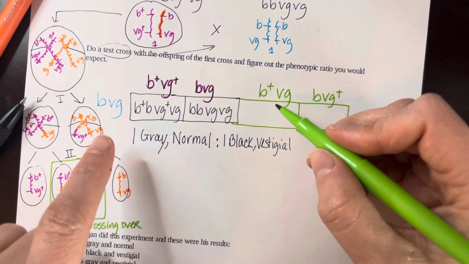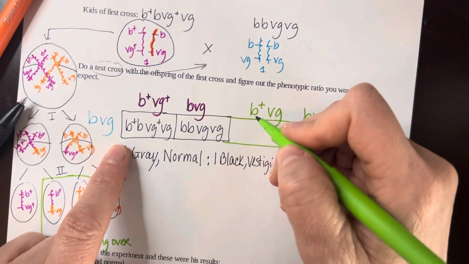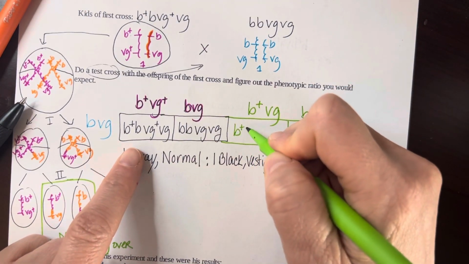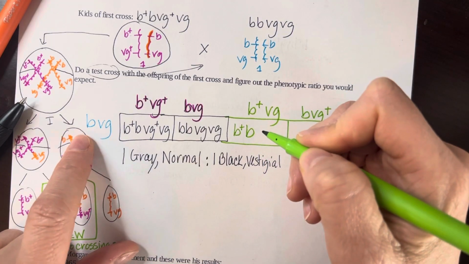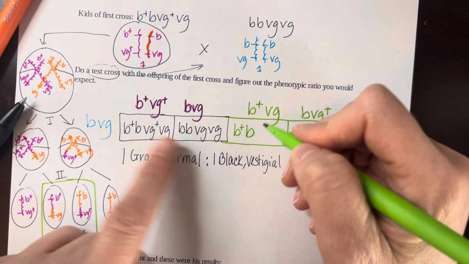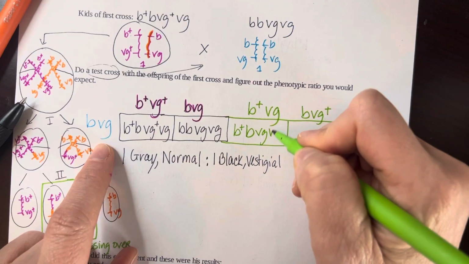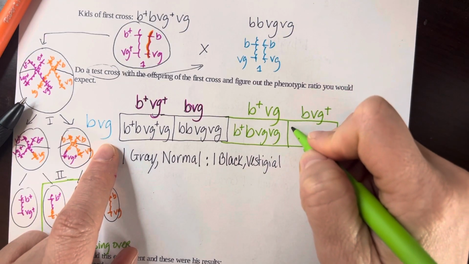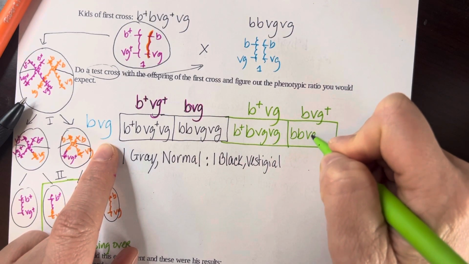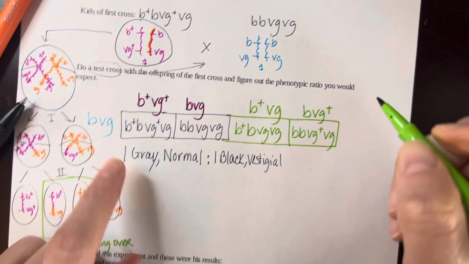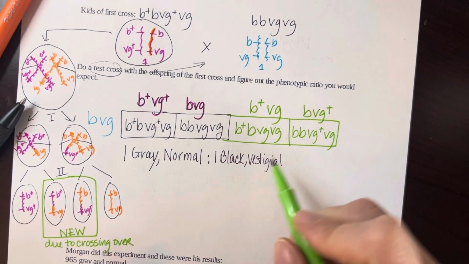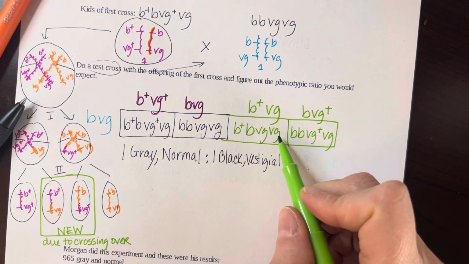So if crossing over occurs, then you could have a B plus, B, VG, VG, or you could have a B, B, VG plus, VG. And so these are those two new combinations.